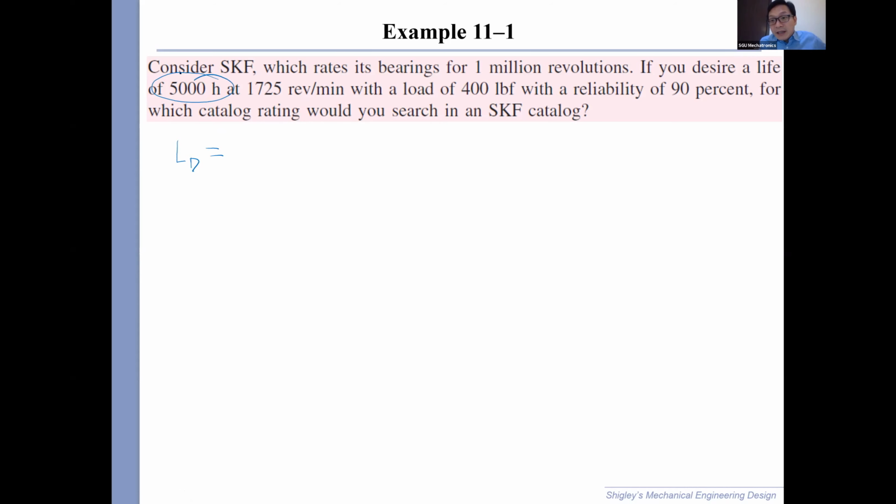But remember, there is a reason why ratings are not given in hours: it depends on the RPM. So here goes. We need to convert 5,000 hours into revolutions. LD is 1725 revolutions per minute multiplied by 5,000 hours. But I need to convert the hours into minutes, so multiplied by 60 minutes over 1 hour.